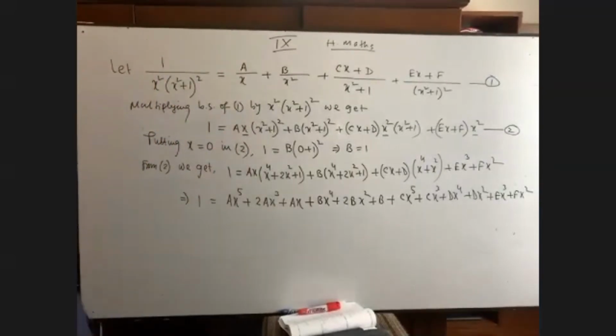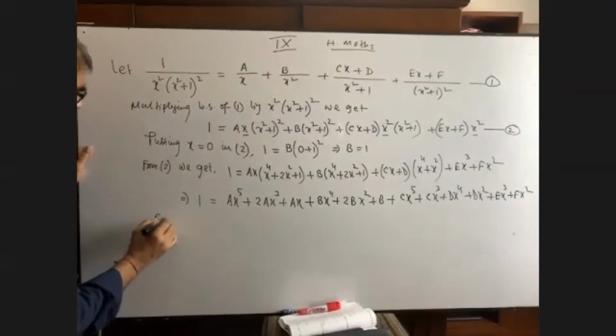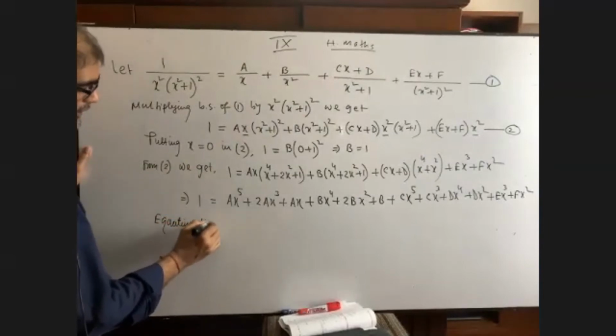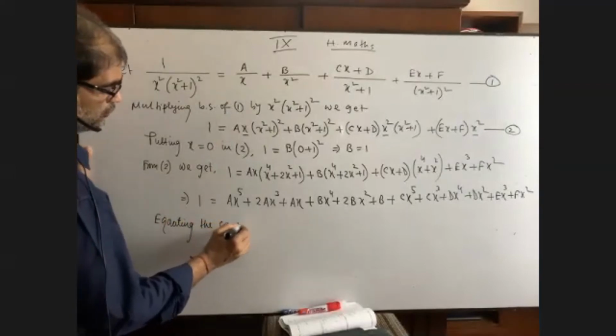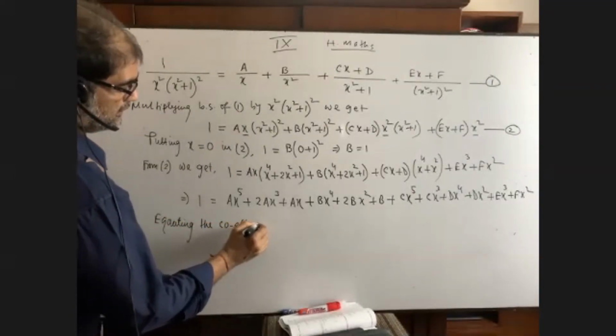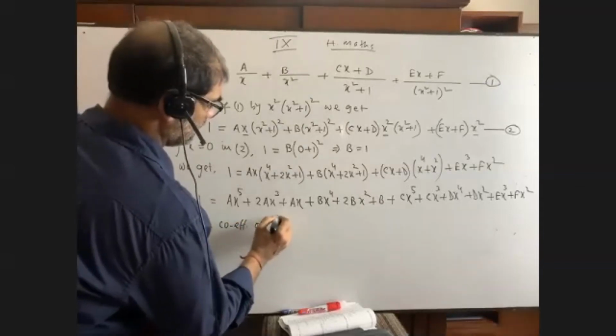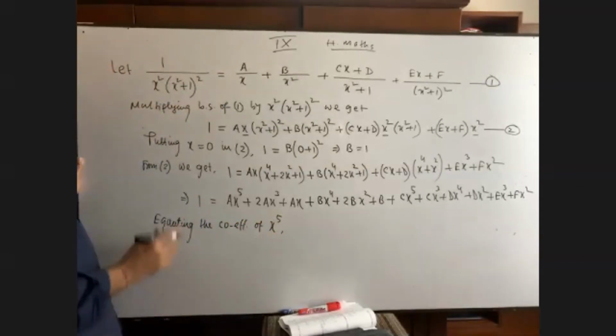Now equating the coefficient of x to the power 5. So here it is 0.